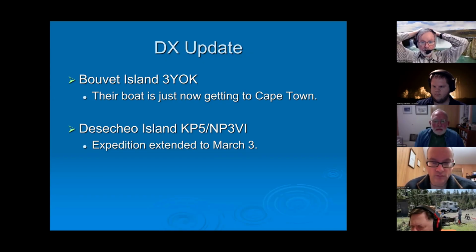So it's another day before it gets into South Africa. Once it gets in there, you have a crew that needs to load up all the food, all the equipment, people, probably 2 days worth of work to get out of there before they can start heading down to Bouvet Island. So it's about a 5 to 6 day trip down to Bouvet Island, depending on winds and weather condition.